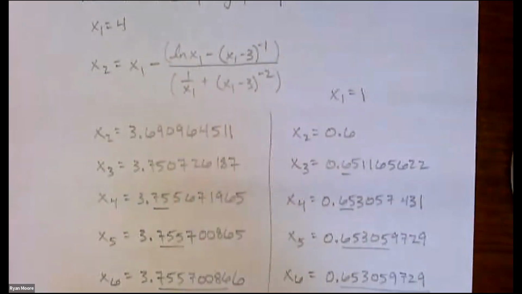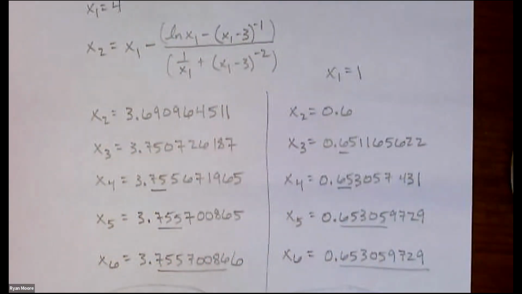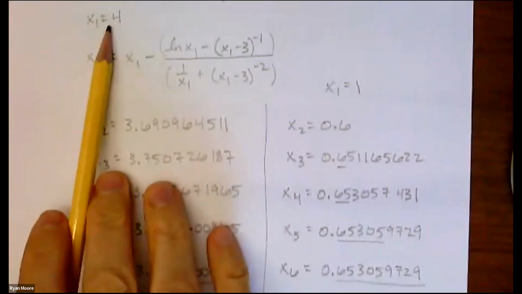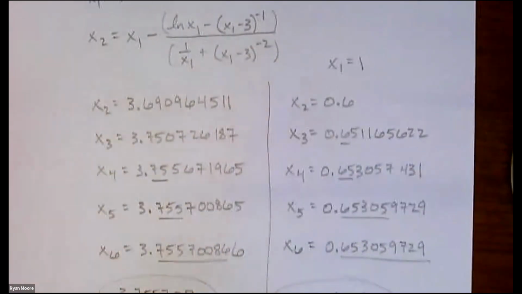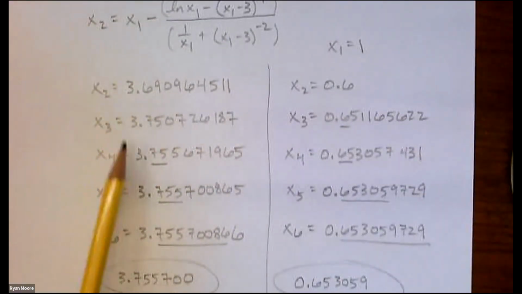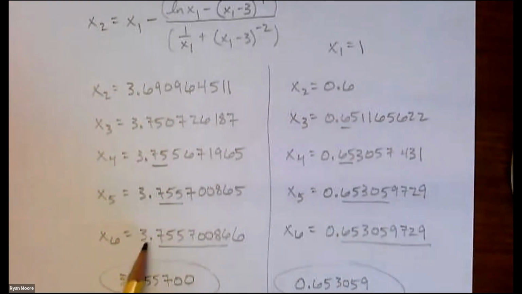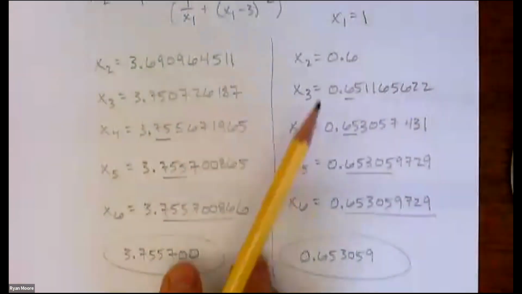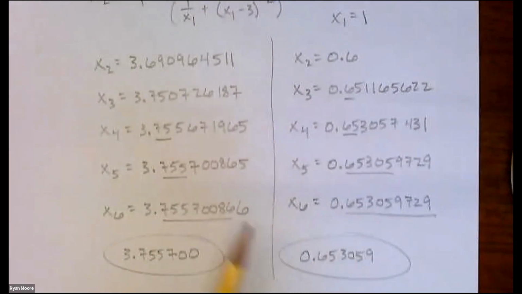Okay. Again, even in our work, we could tell if this was all playing out the way we wanted to, if we picked starting X values that worked, because every time we do another iteration, we can see that it's honing in on one number, right? Both times it did that.